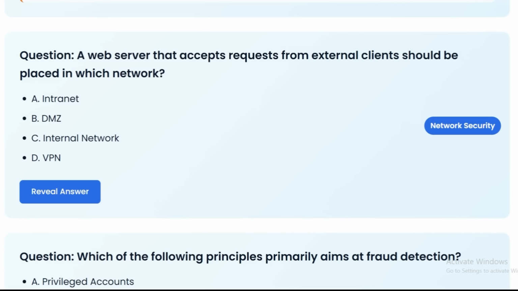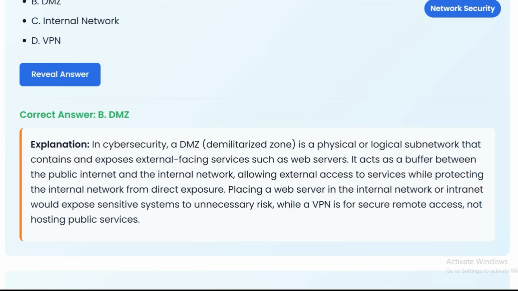Like I said, a VPN creates a tunnel between a device outside the network and a particular server, and it provides secure remote connection. So you can't put a web server in an internal network or an intranet. This will expose sensitive systems. So a demilitarized zone is a logical subnetwork for external-facing services.